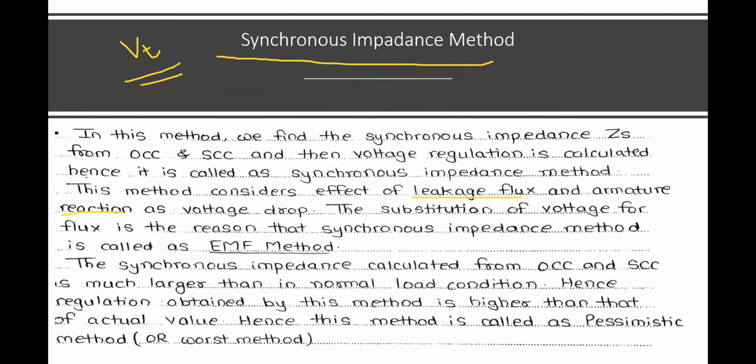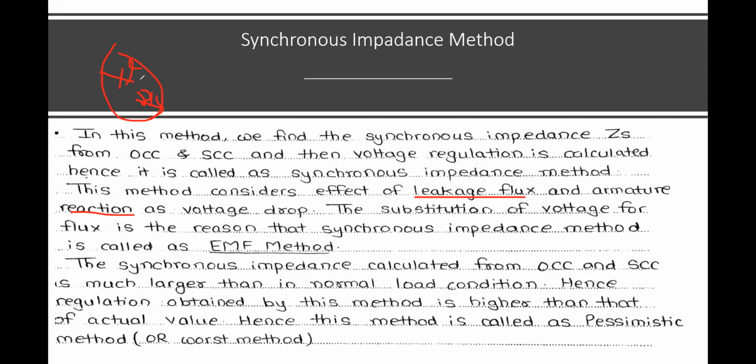VT is just an abbreviation for the terminal voltage or full load voltage. We can write VFL or VT, both are the same thing. So in this method we consider two types of drop: leakage flux, XL, and armature reaction drop, XS.